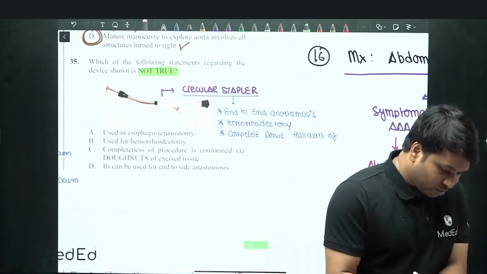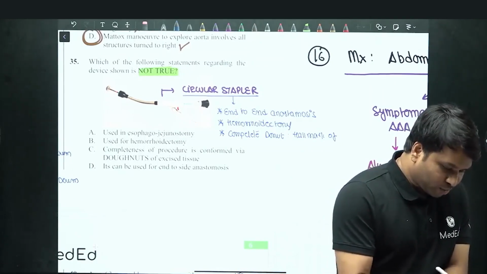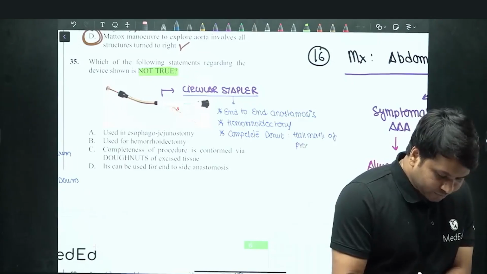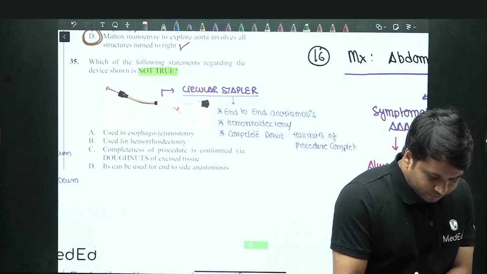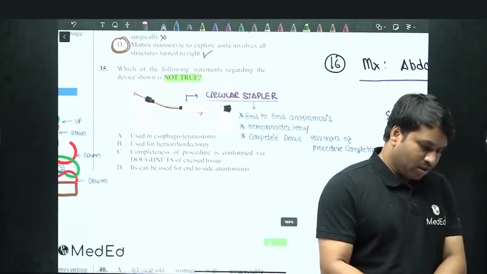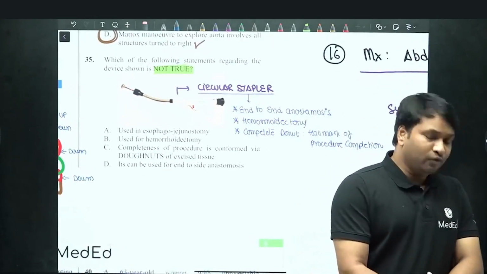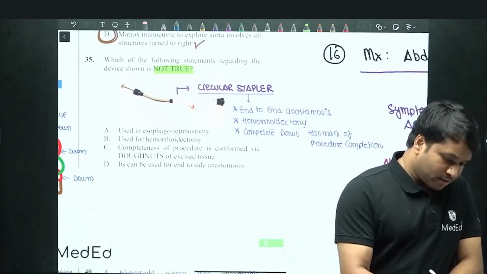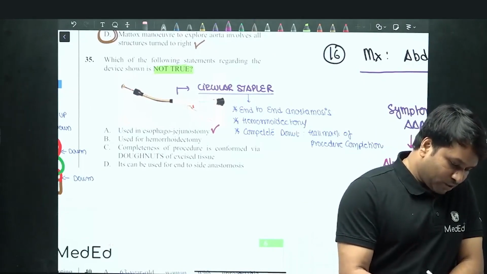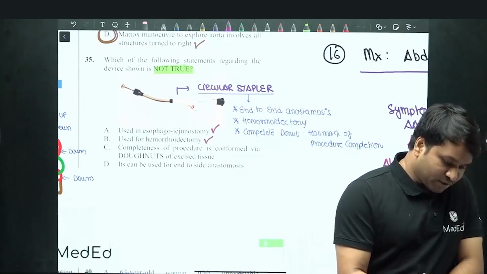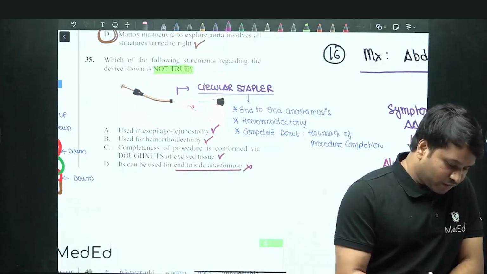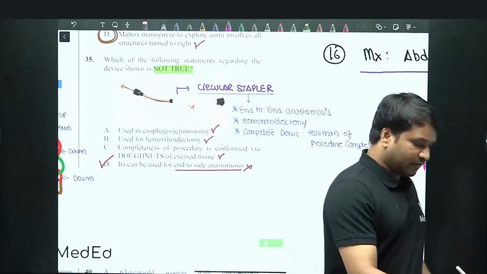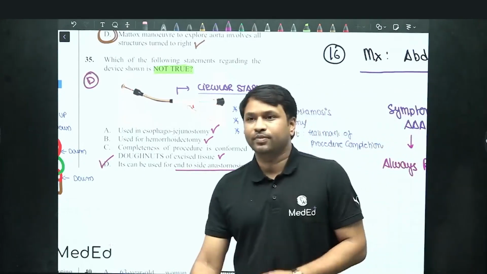I can say this is the most reliable hallmark of procedure completion. Now it is used for esophagojejunostomy, which is an end-to-end anastomosis. So this is correct. Used for hemorrhoidectomy is correct. Completeness of procedure is confirmed by donut of excised tissue, correct. It can be used for end to side? No, it is only used for end to end. So D is wrong. So again 35, the answer is D for Delhi.